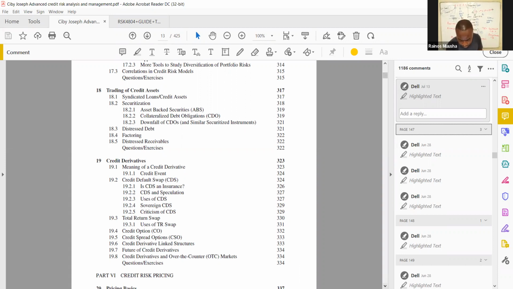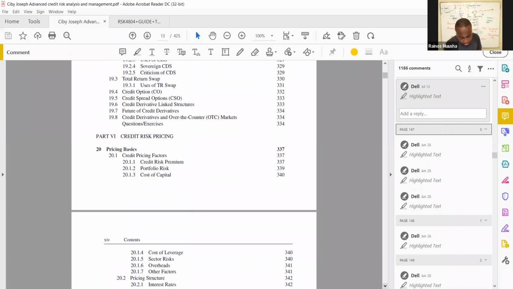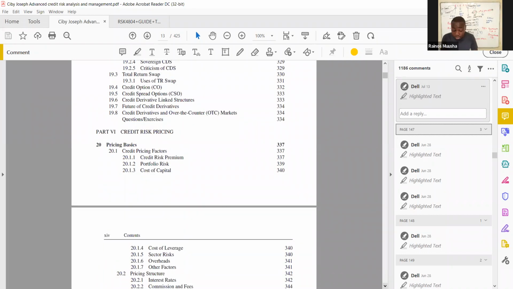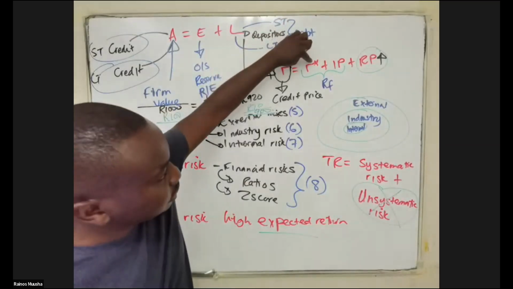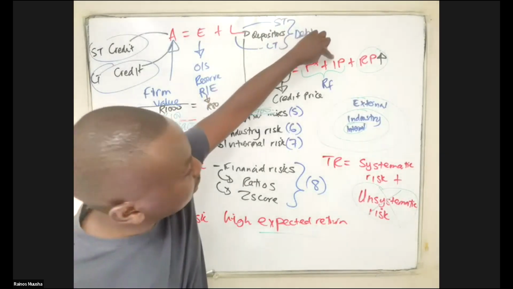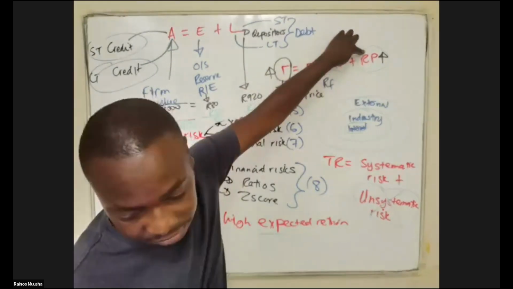Then chapter 20 is the last part of the textbook, which looks at credit risk pricing. Remember, I've already highlighted that your nominal rate of interest is given as real rate of interest plus inflation premium plus risk premium.